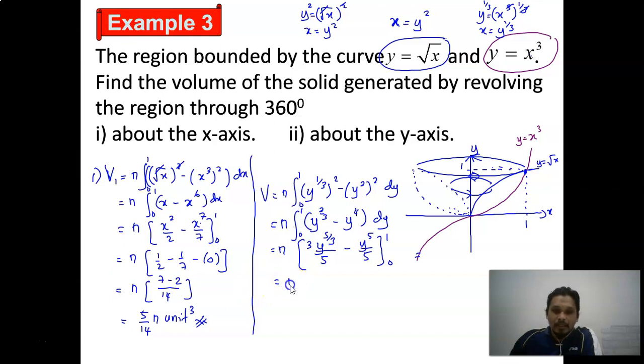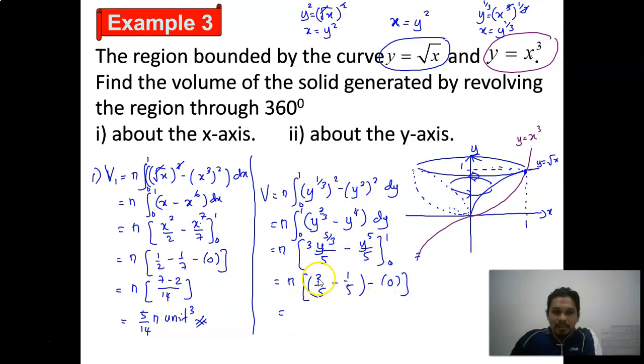As usual, we substitute the value of y equals 1 first, and then 0, which is all easy. Y to any power equals 1, so 3 over 5 minus 1 over 5, minus 0 and 0.